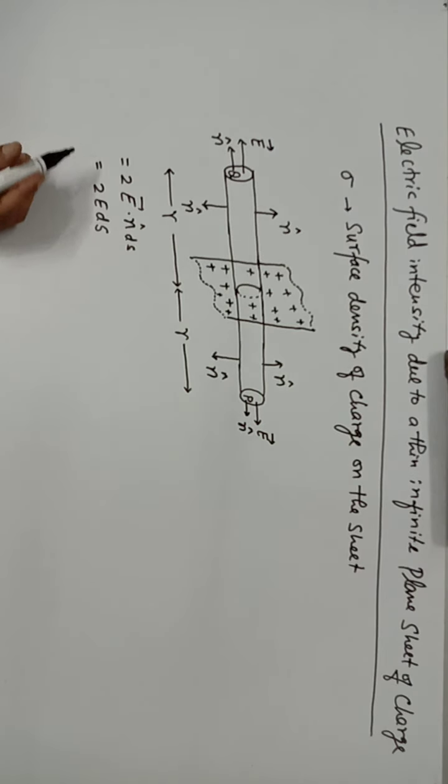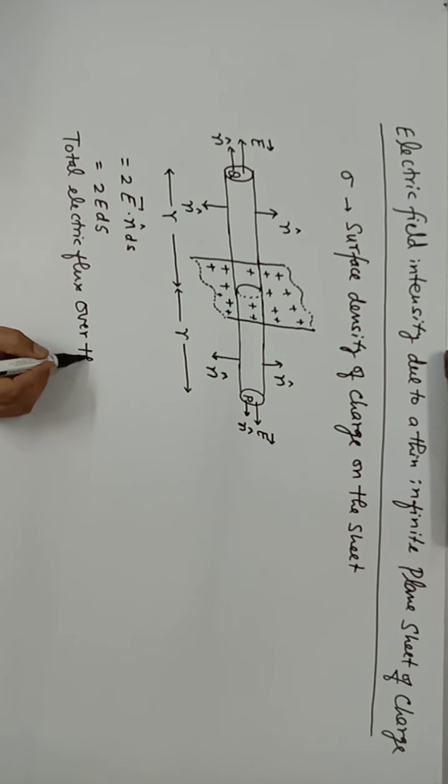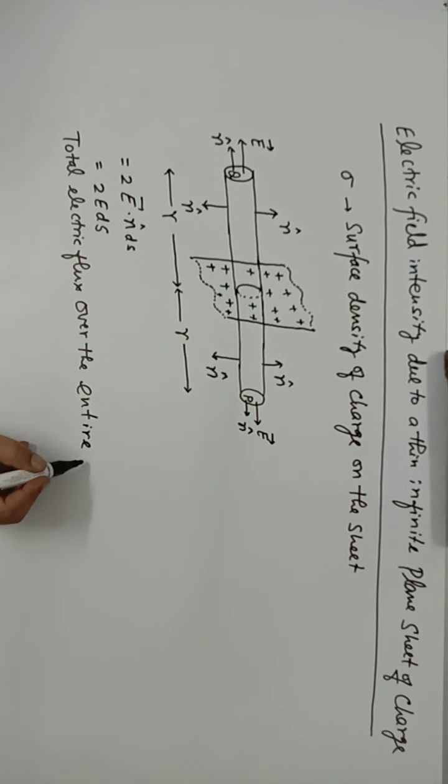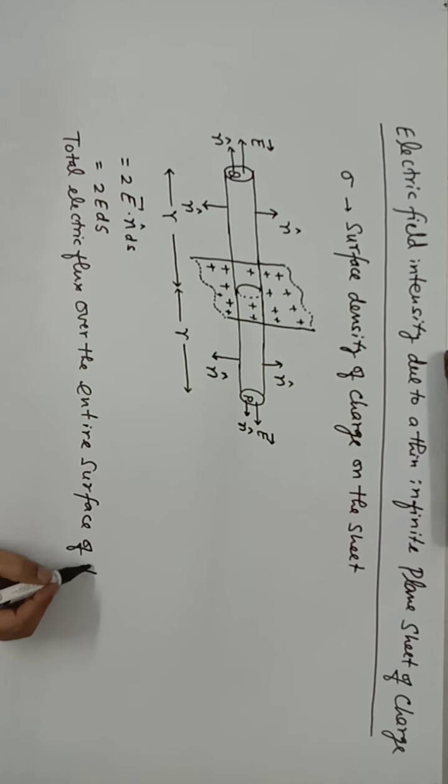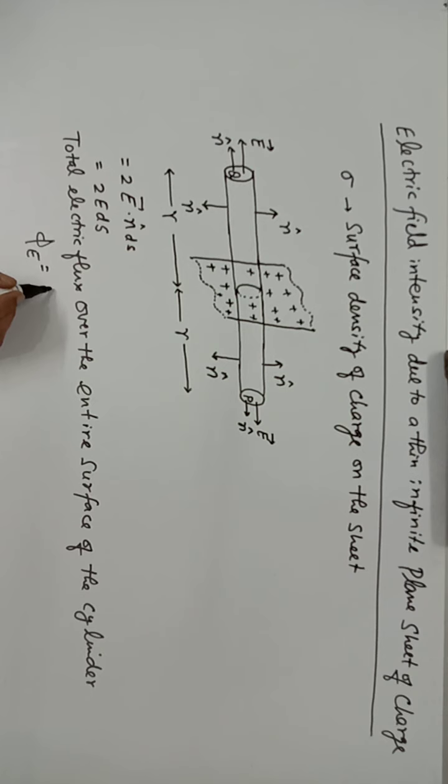Hence, the total electric flux over the entire surface of the cylinder, phi E, is equal to 2 E ds.